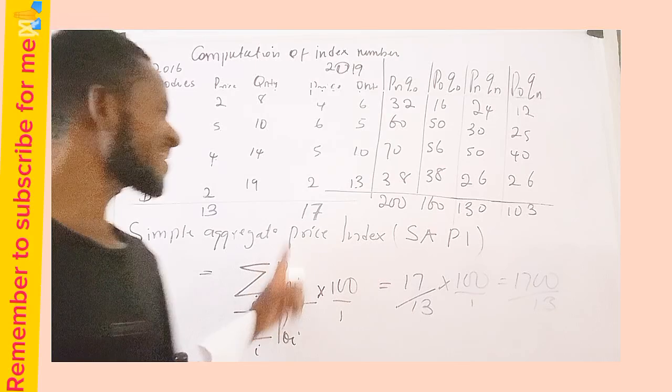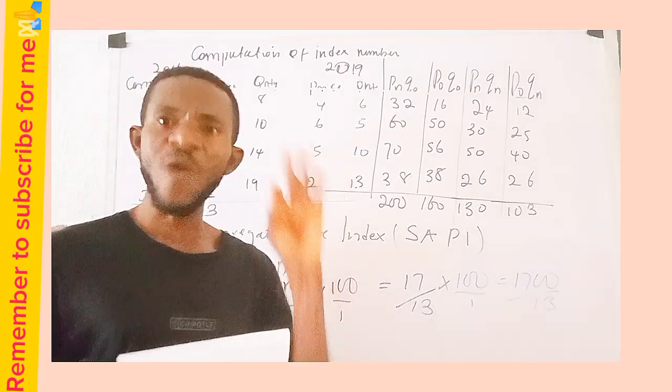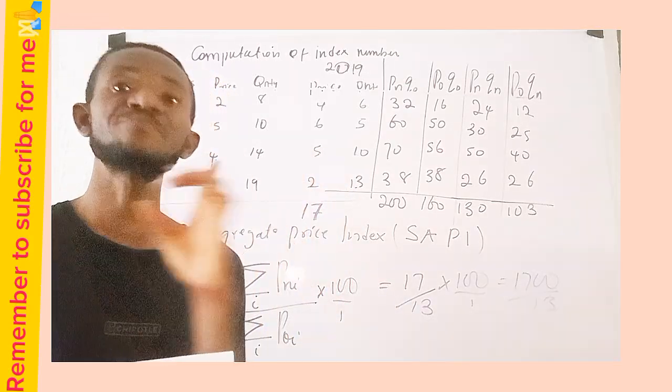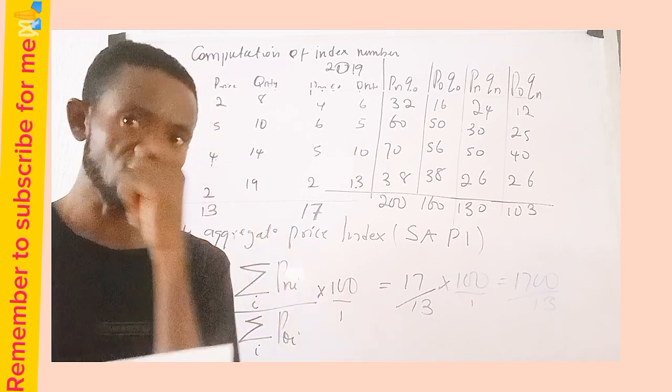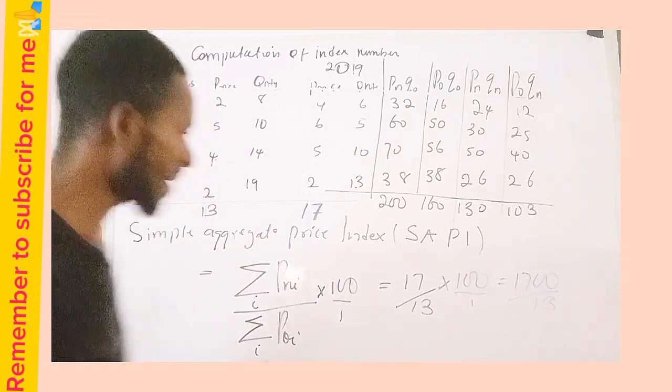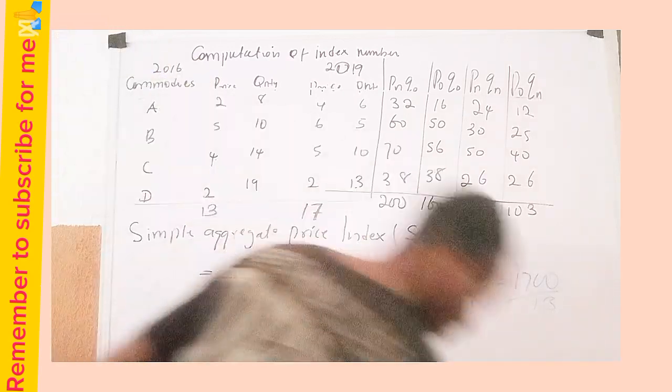This simple aggregate price index is quite different from the simple average price relatives, which is what I want to show now. So permit me to clean this board and show that one.